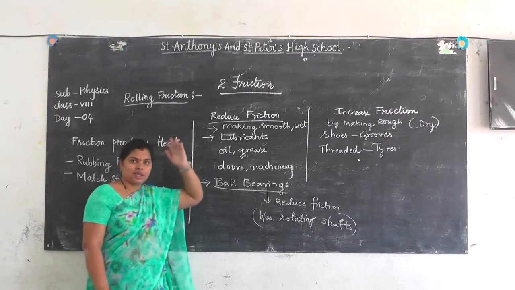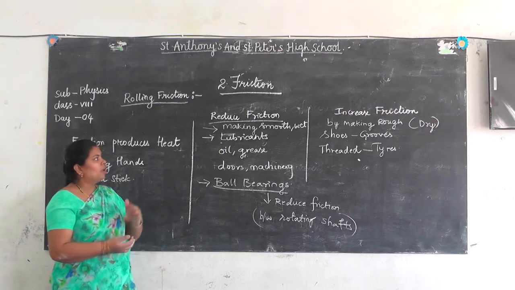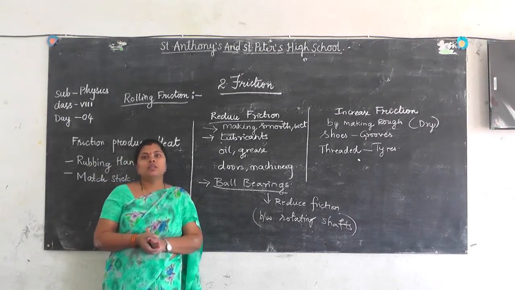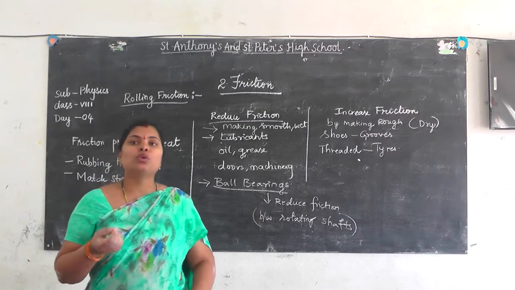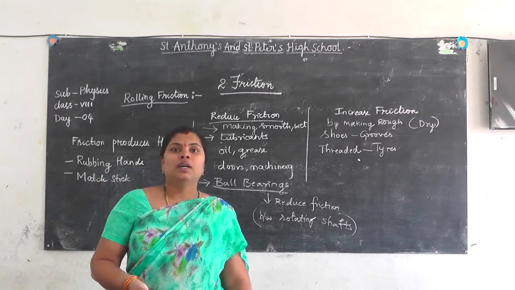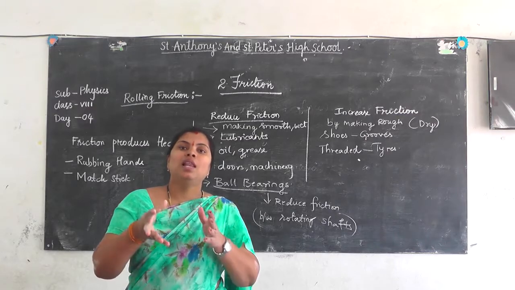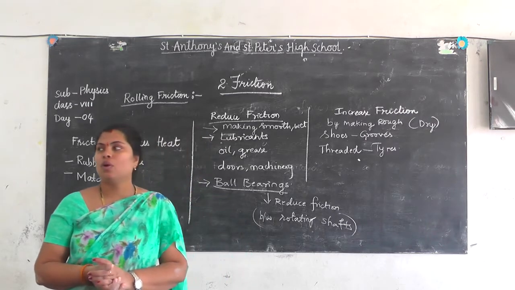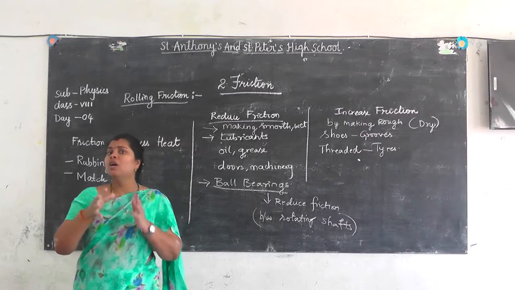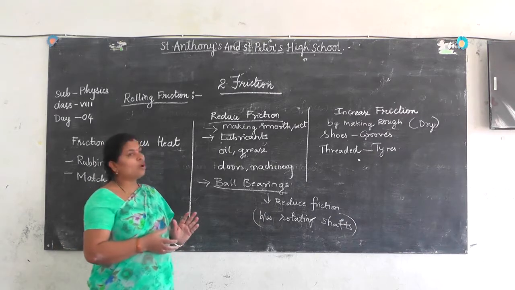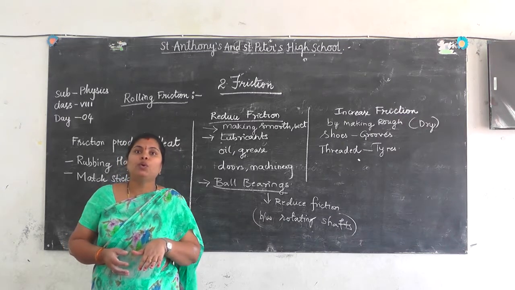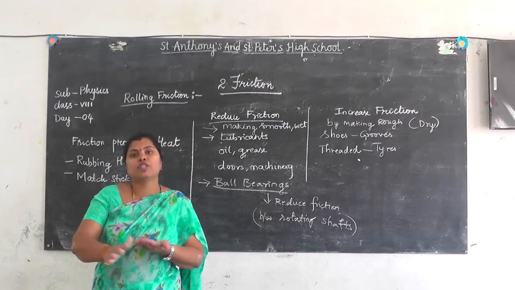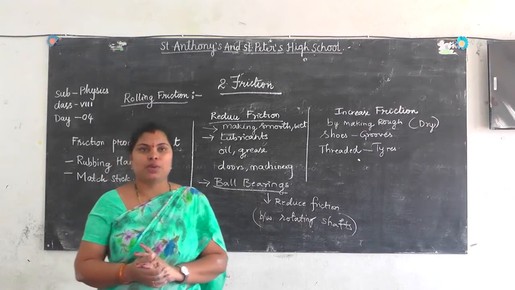First of all, let us reduce the friction. As already discussed in our previous sessions, smooth surfaces offer less frictional force. So if I want to reduce the friction, I have to make the surface smooth. That's the first one.